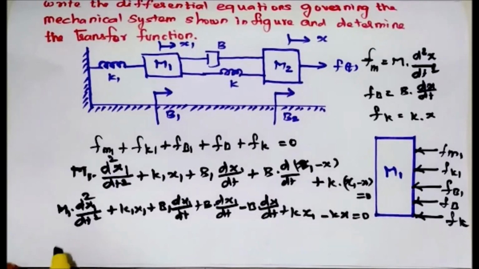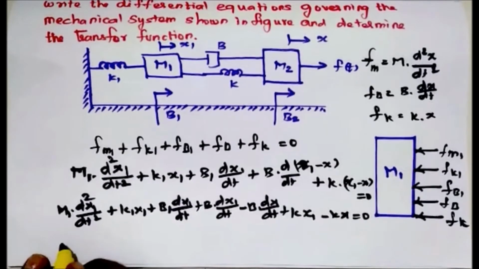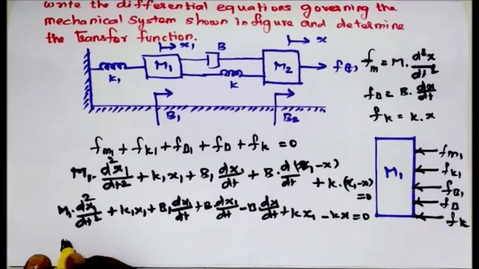Now we are going to apply the Laplace transform. After applying the Laplace transform, we know that the Laplace transform of the second derivative gives s square.